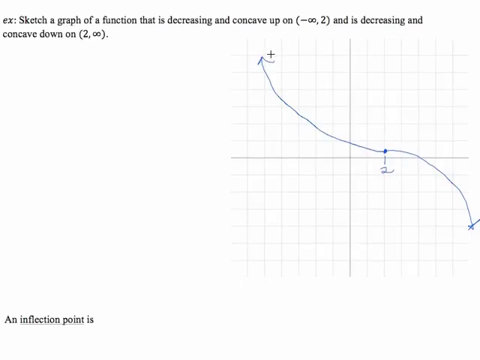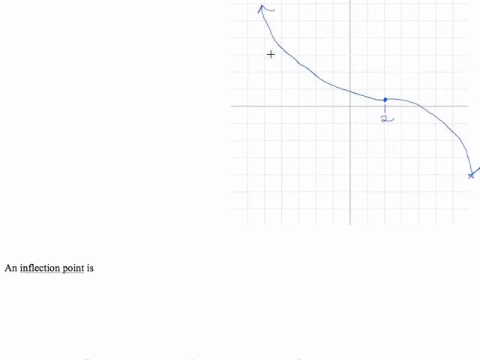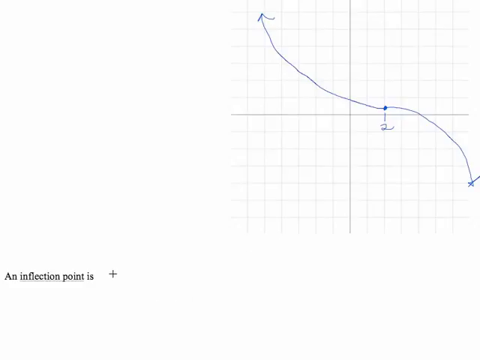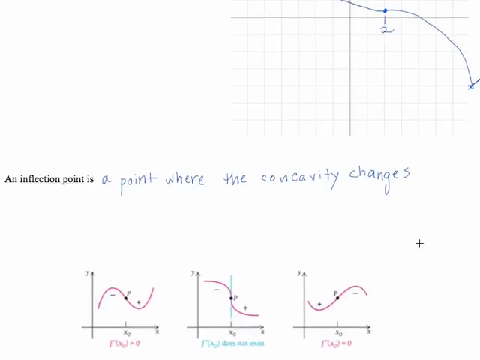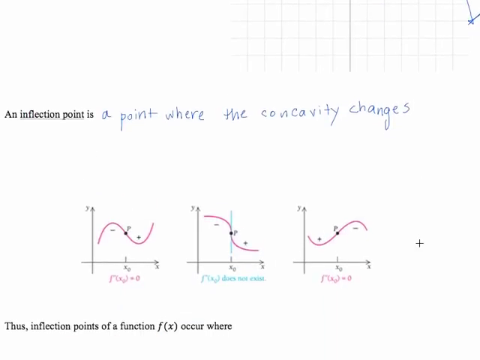An inflection point is a point where the function changes concavity. So it is a point where the concavity changes. And let's look at these 3 graphs right here.